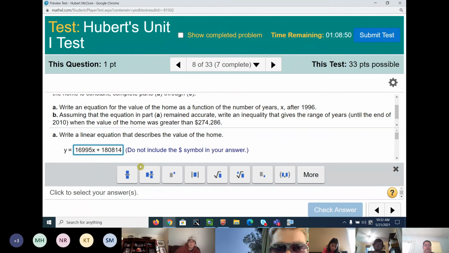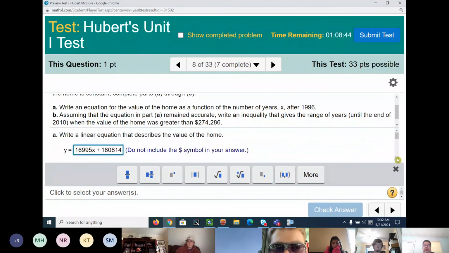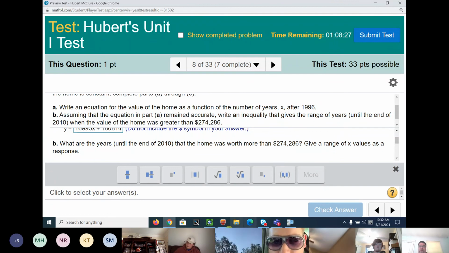Next question. I've got it blown up so y'all can see it, so that's why I have to scroll down. What are the years until the end of 2010 that a home was worth more than $274,000? So I'm going to go to the next page here.